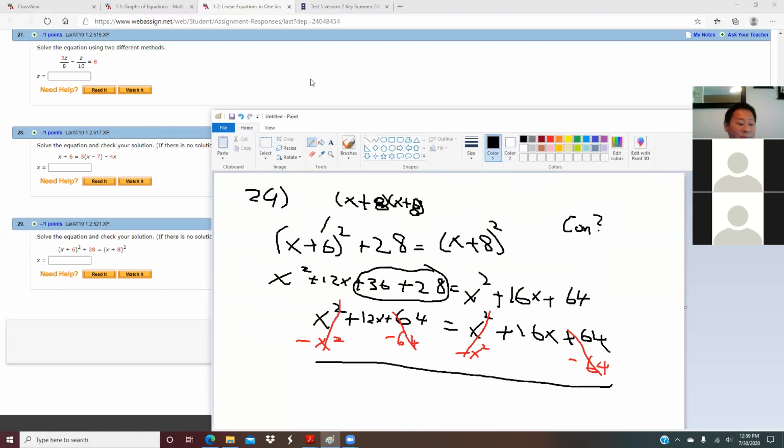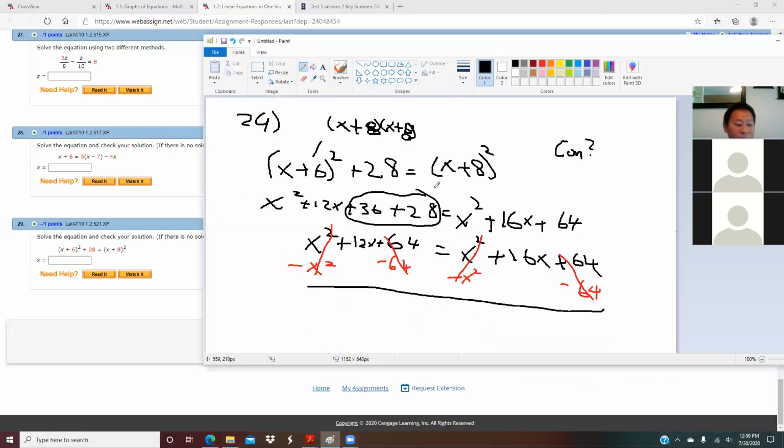Anyone? See, a lot of people say that. And don't forget, contradiction means no solution, or DNE. Doesn't matter which one you put in down here. Unfortunately, this is not a contradiction or no solution.